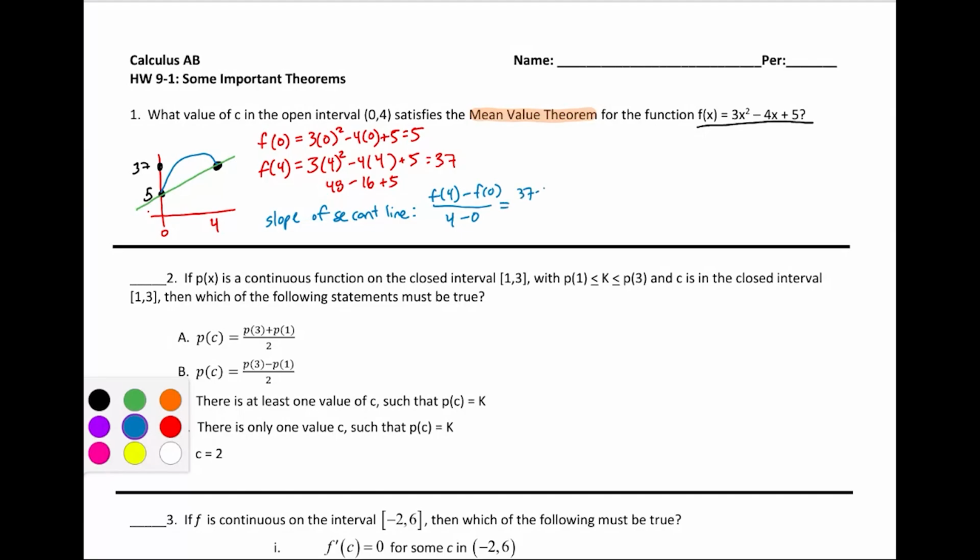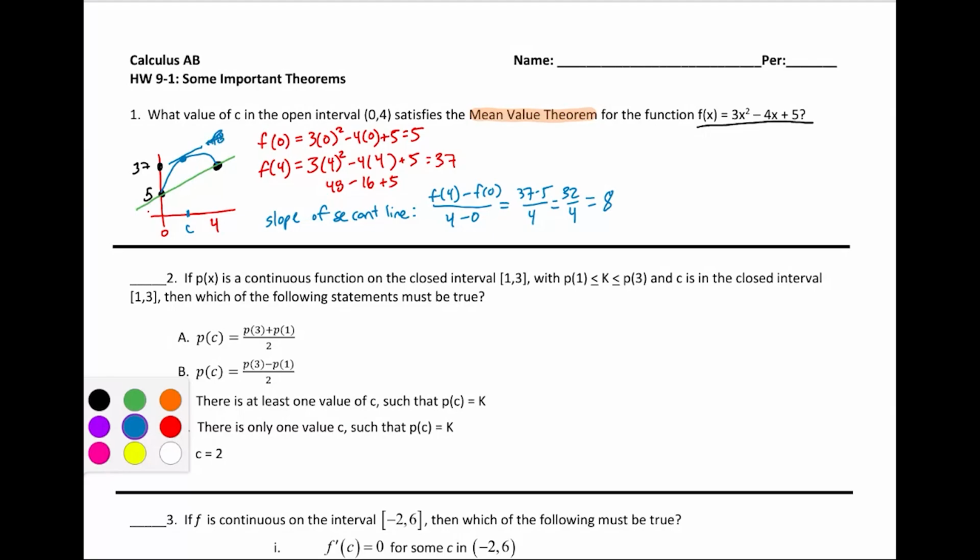So it'll be 37 minus 5 over 4. 37 minus 5 is going to be 32. And 32 divided by 4 is 8. So what we want to find is the c value where the slope is 8.